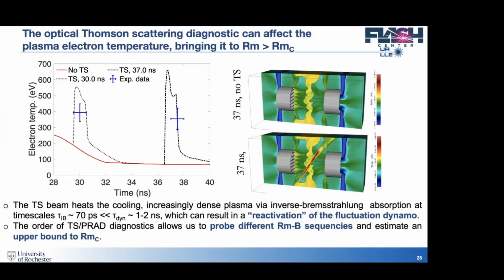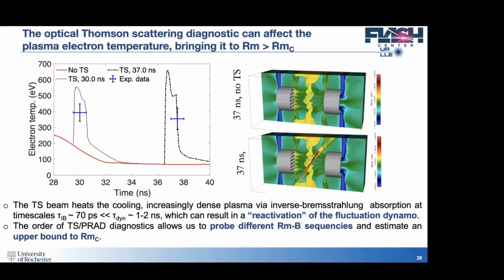That interaction can scatter off light that you can collect at a given frequency, and that signal that you get from the Thomson scattering can inform what the plasma properties are. However, you're measuring the plasma properties in a perturbative fashion, right? Essentially, you're shooting a laser at it. So the outcome of that is that it can heat up the plasma.